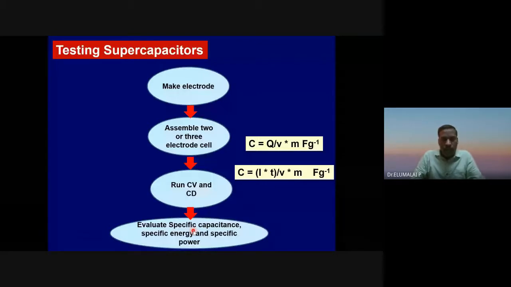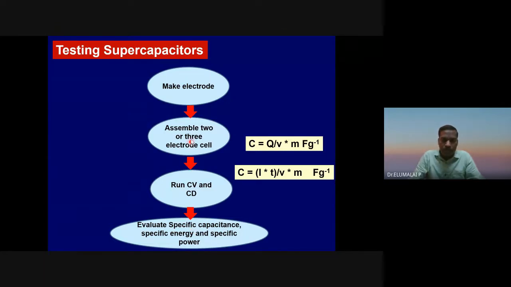That is areal capacitance or volumetric capacitance or gravimetric capacitance. It's up to your interest. Once you know the capacitance, use the standard energy formula and power formula of CV square by 2 and E by t, you can obtain specific energy and specific power. Okay, that is for 2-electrode system.